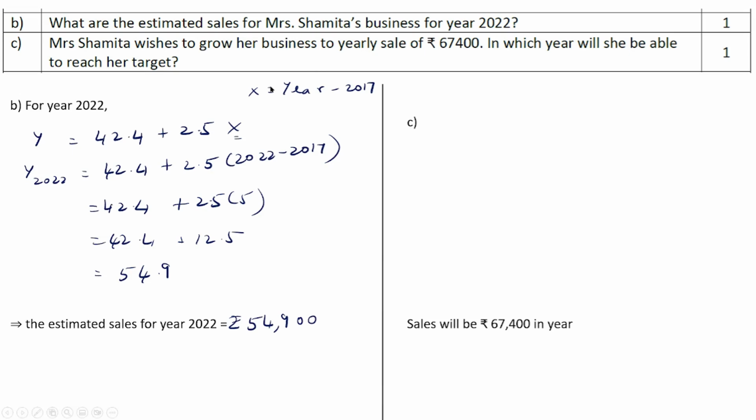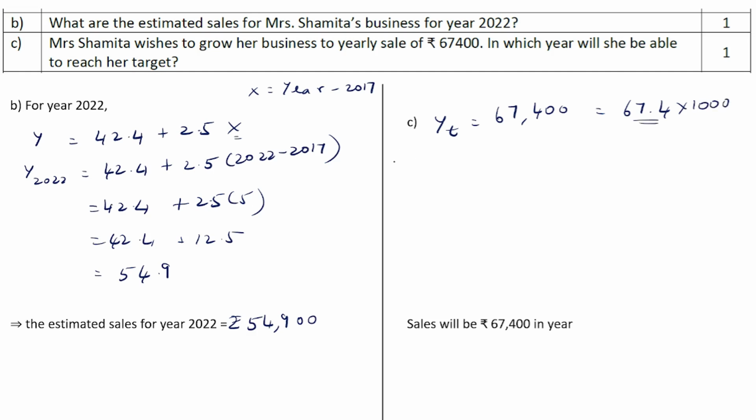Now the next subdivision is, here she wishes to grow her business to a yearly sale of rupees 67,400. So here yt is given as 67,400. We have to find the year in which she will be able to reach her target. Since all these values are given in thousands of rupees, this is nothing but 67.4 into 1000.